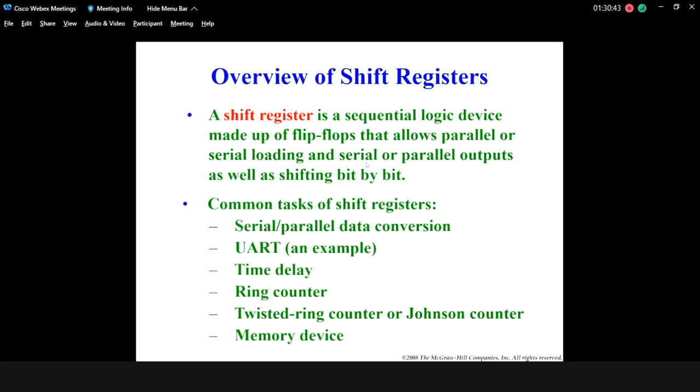So a shift register is a sequential logic device made out of flip-flops that allows parallel or serial loading, that is data coming in, and serial or parallel output, as well as shifting bit by bit. So we can still use JK flip-flops in several connections to get what we like.